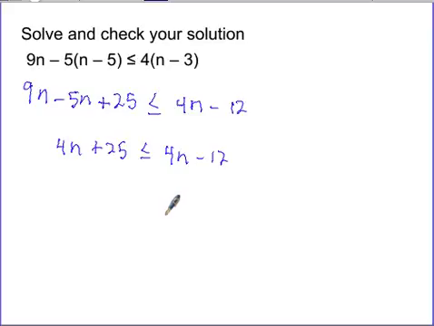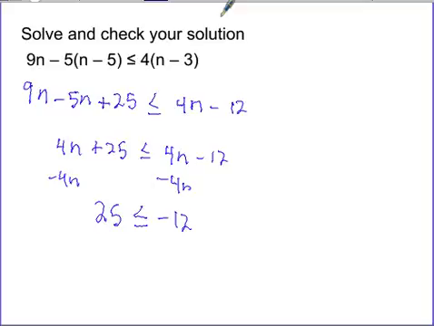Now what? Subtract 4n. So we've got 25 is less than or equal to negative 12. How do you feel about that? I don't like that.